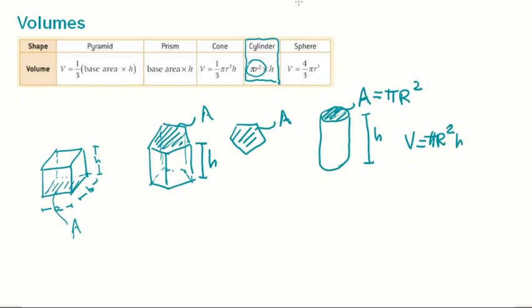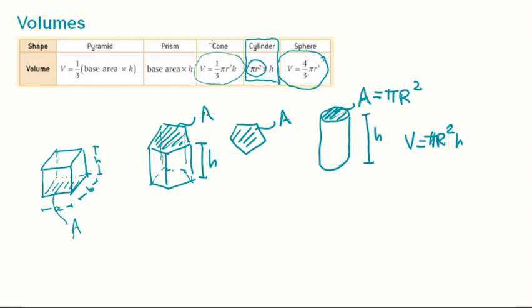Alright. Now other shapes are more complicated. For example, for the volume of a sphere, we would need calculus. The cone is also not very simple, but there are some comparisons that we can make.